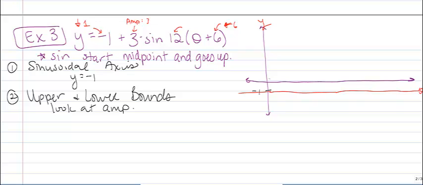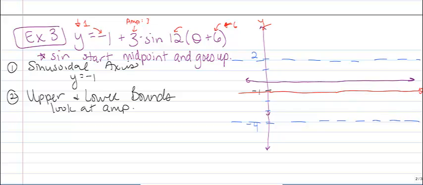We have 1, 2, 3, which puts us at 2. Draw your dotted line. I need to extend my axis here a little bit. Let's go down. 1, 2, 3, which puts us at -4. Draw your dotted line. So those are the upper and lower bounds.